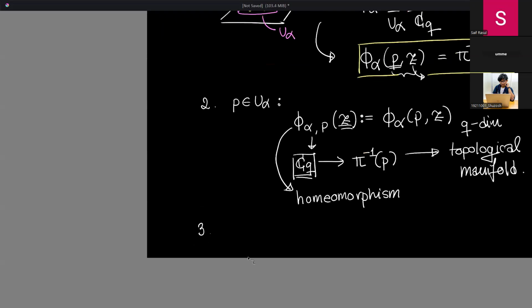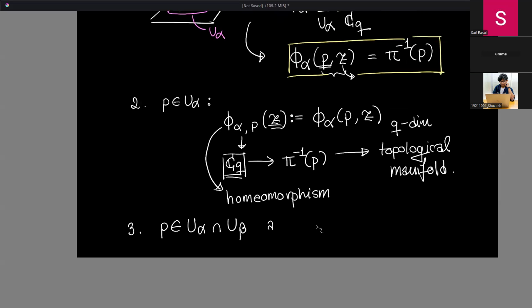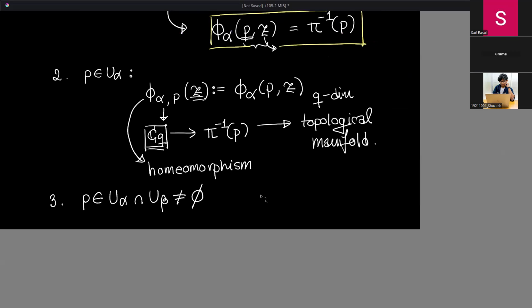And number three says that if P is an element of U alpha intersection U beta, and I'm just going to do a shorthand that you're not really supposed to do, that's not equal to the empty set. So U alpha and U beta are two open sets that overlap, and their overlap is not empty.